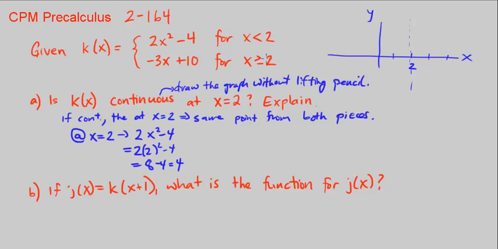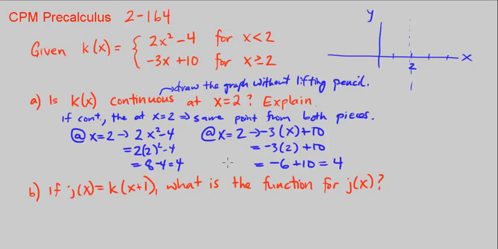If this is the same at x equals 2 for the other piece, then it is continuous. So at x equals 2, 3 times x plus 10 equals 3 times 2 plus 10. 3 times 2 is 6, plus 10 is equal to 16? Let me restate: negative 3 times 2 is negative 6, plus 10 is equal to 4. So they are equal.